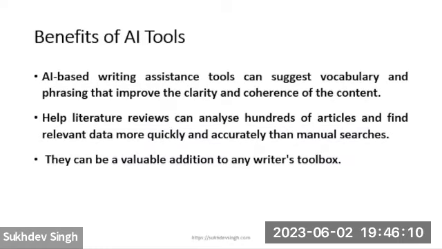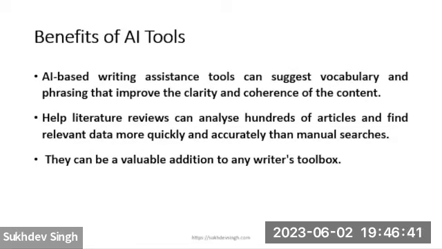So ultimately, let me come to the benefits of using these AI tools. Basically, these tools can assist in writing. They can suggest vocabulary and phrasing that can improve the clarity and coherence of the content. Of course, they will help you in literature reviews, and the literature can be analyzed in a simple way.